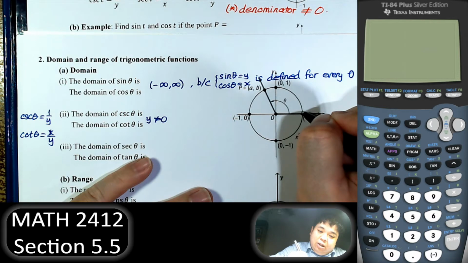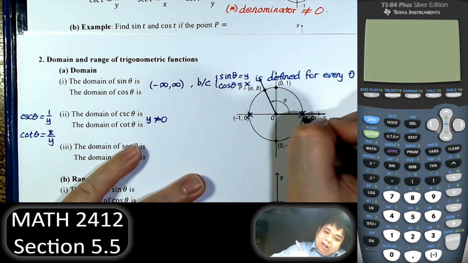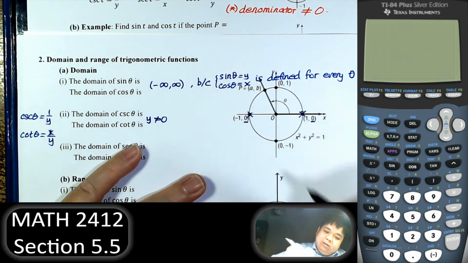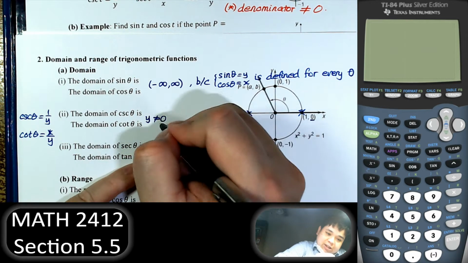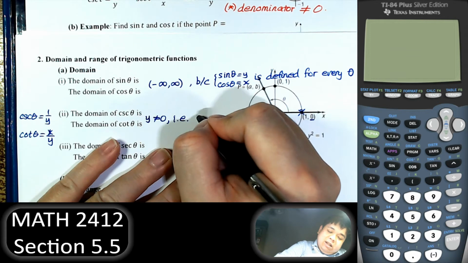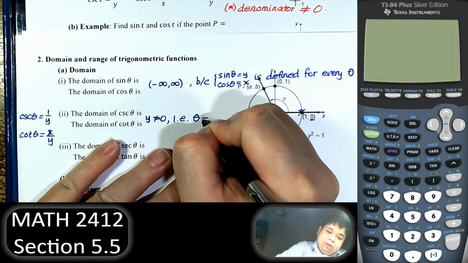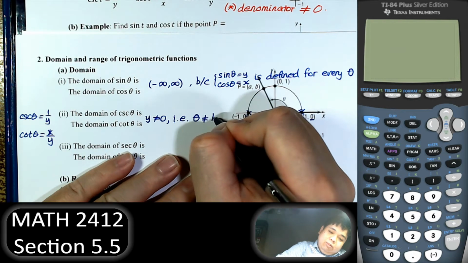So where's y not equal to 0? We're talking about this point, right? This is where y equals 0, so we cannot have pi. Theta cannot equal a multiple of pi.